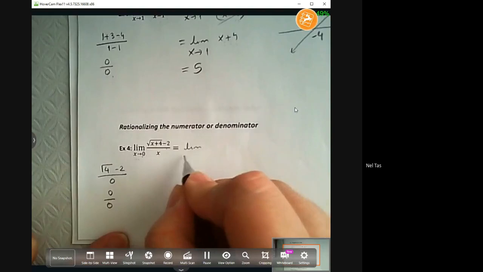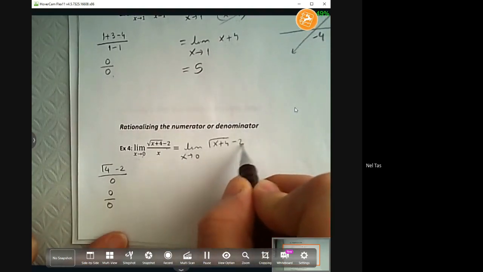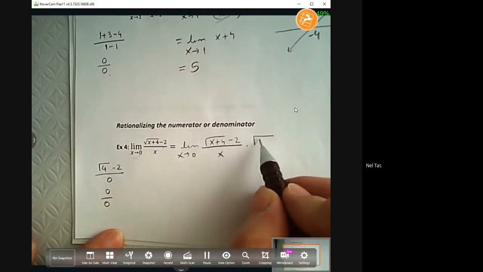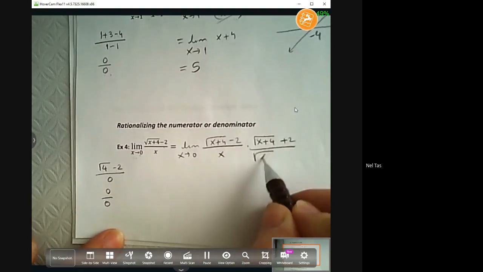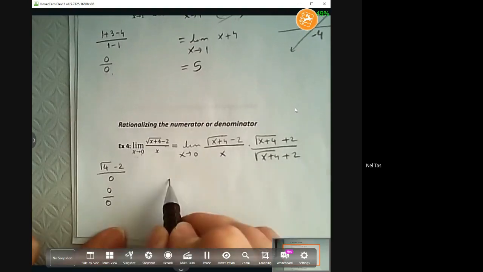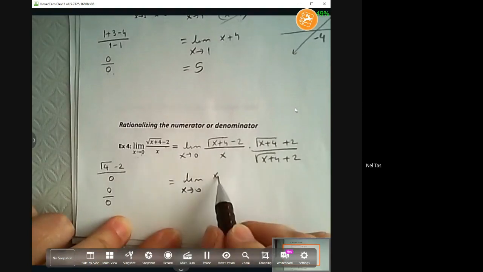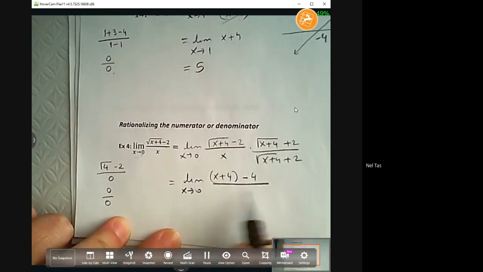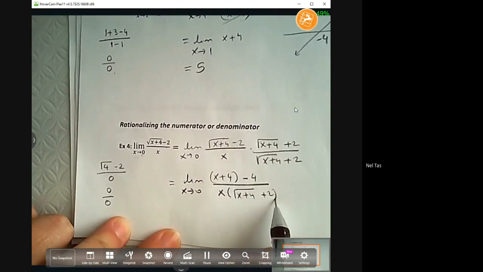So the limit of square root of x plus 4 minus 2 over x. So we can rationalize the numerator. So multiply by the conjugate. Okay, so what do we get? x plus 4 minus 2 squared is 4, over x times, don't expand this, x times square root of x plus 4 plus 2.